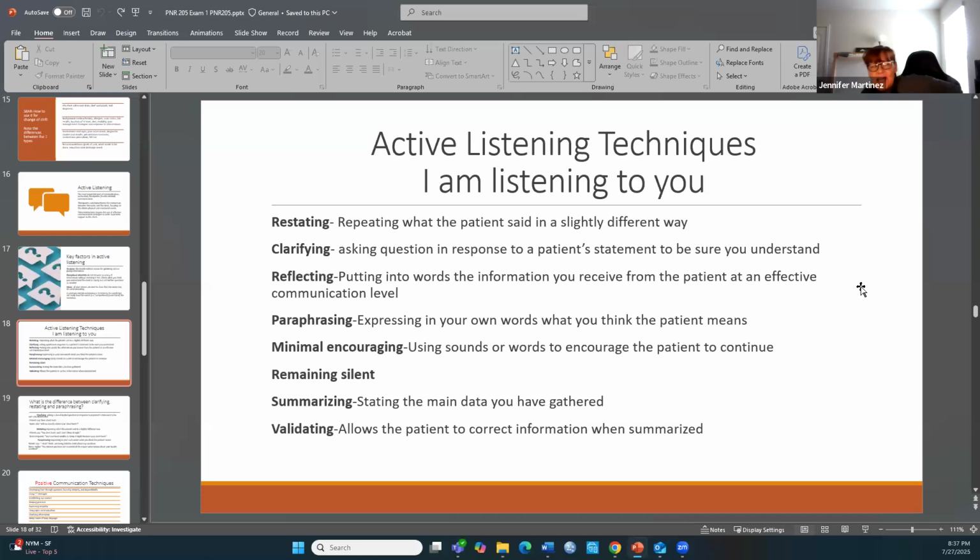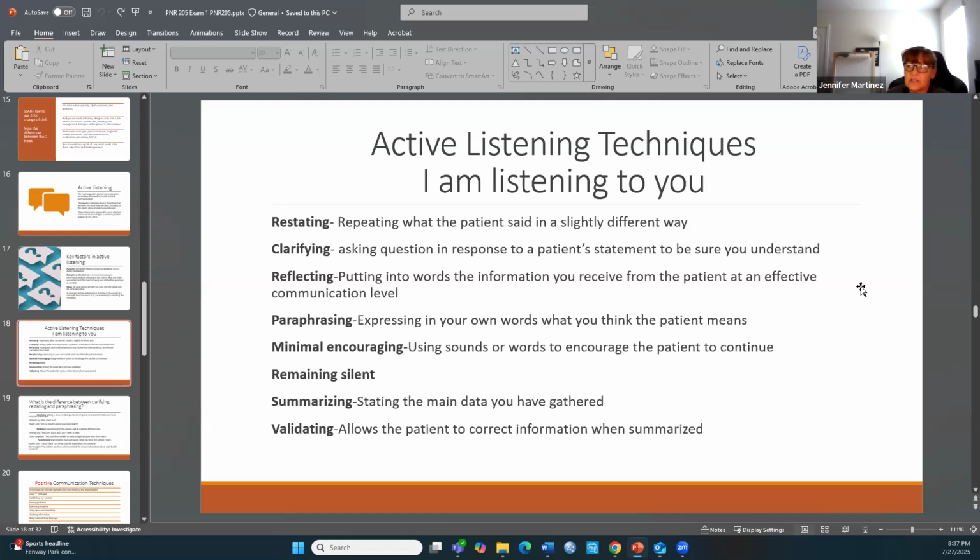So active listening techniques. We went through these. Restating, right? Repeating what the patient said in a slightly different way. Say the patient tells you, I have a headache, so what I hear you telling me is your head hurts. So you said it in just a slightly different way.